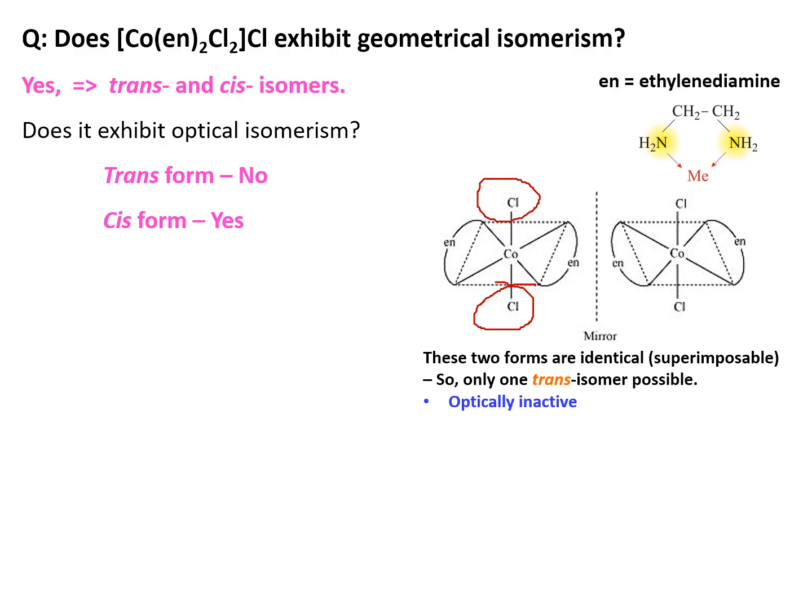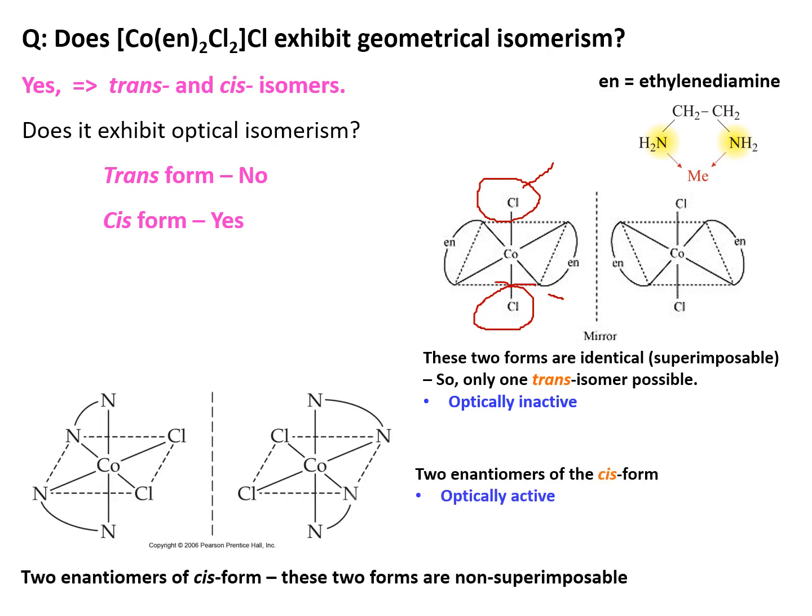But if we change the position from Cl here to Cl here, they will now be optically active. Because if you take the same molecule and change the rotation, we will not get the same molecule. Like showing here, let's say Cl and Cl are the positions.